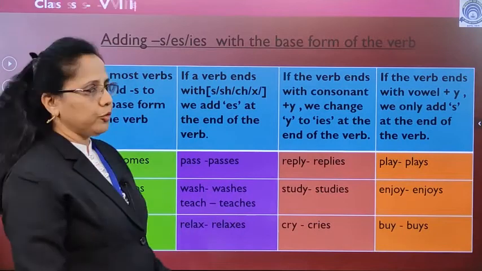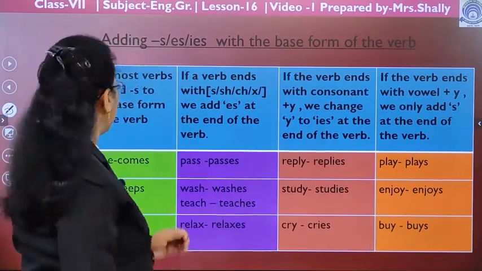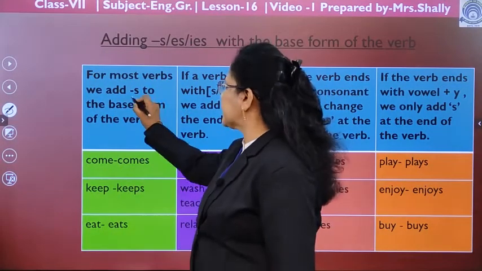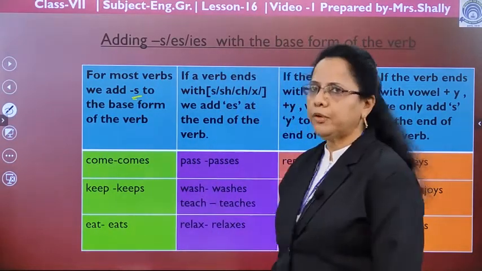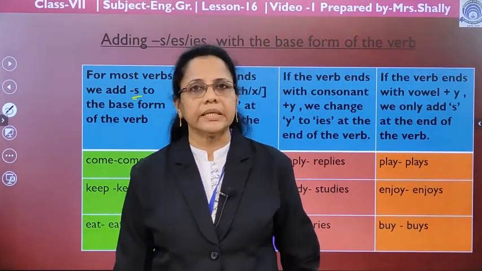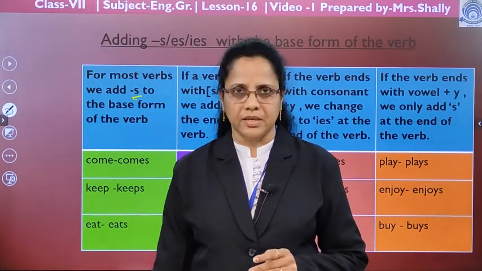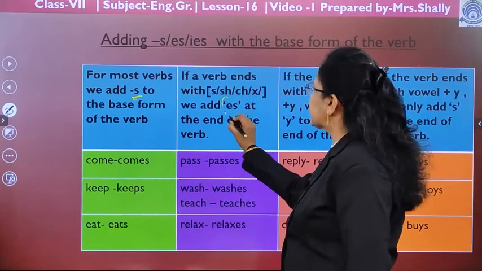Now, let's see how to add s, es or ies to the base form. For most of the verbs, we add only s to the base form of the verb. But if a verb ends with s, sh, ch or x, with such verbs, we must add es.